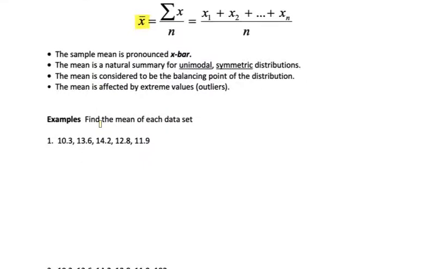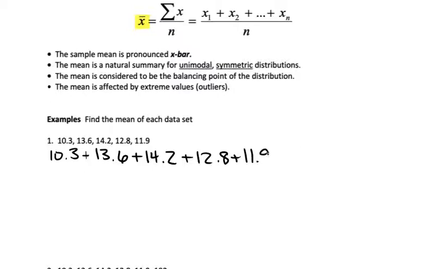So to find the mean of the data set, what we're going to do is add all our numbers and divide by how many numbers you have. So for this data set, I would be adding 10.3 plus 13.6 plus 14.2 plus 12.8 plus 11.9. And there are 5 values here.